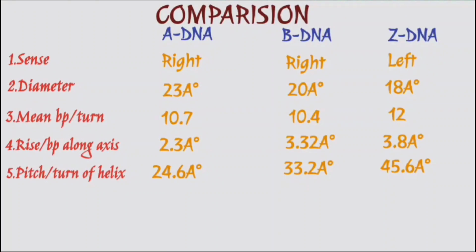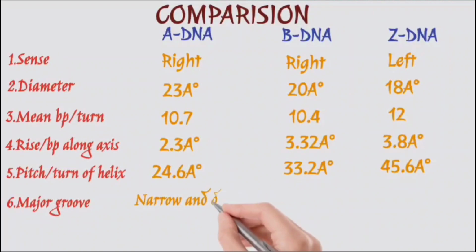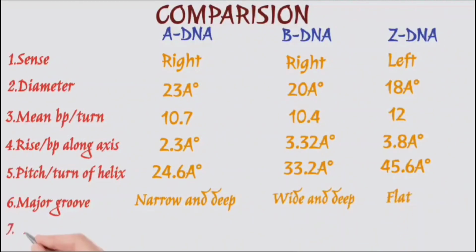We have individually discussed about the topics, but this is a comparison in between, so that will help in better understanding. The major groove you can see narrow and deep in A DNA and wide and deep in B DNA and flat in case of Z DNA.